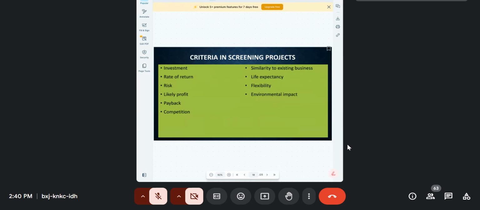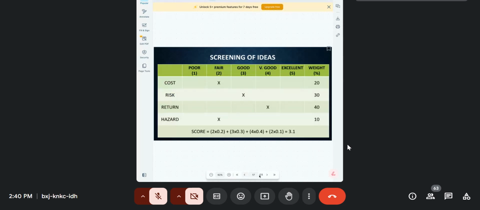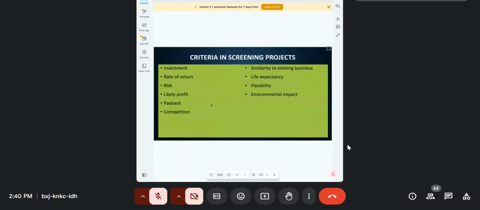So that of course was some of the criteria that you could actually use. Additional criteria you could use are what you can see listed here. It might be investment, which is cost, rate of return, the risk, likelihood of profit, payback.